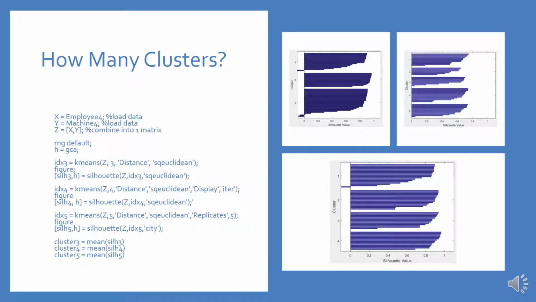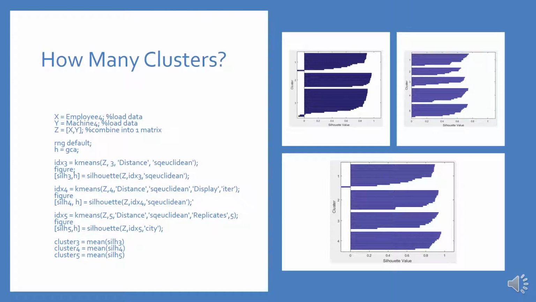On the right, you can see each of those graphs that we created. The first one up in the top left is 3 clusters. The one to the right of that is 5 clusters, and the one on the bottom is 4 clusters. Now, the higher the silhouette value, the better that clustering group is going to be.